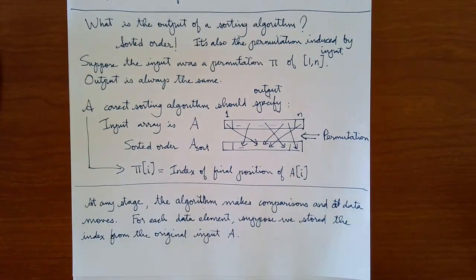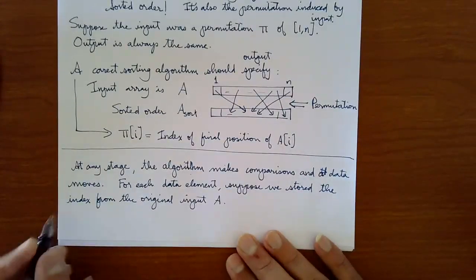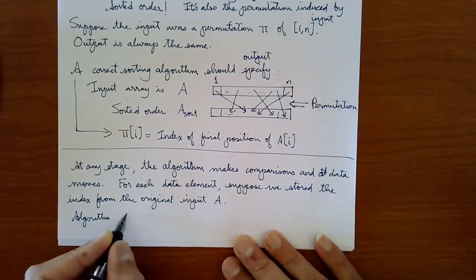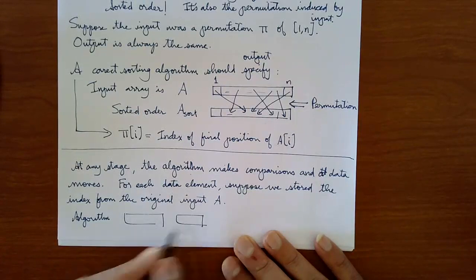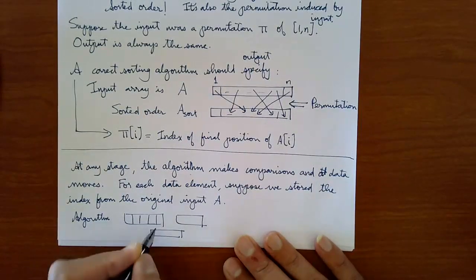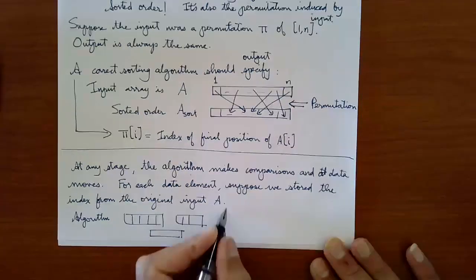So I'm doing a thought experiment here. What I'm saying is, let's say this is your algorithm, and your algorithm has some data that's stored. Right? It's basically storing some data. Some of it is the original input, some of it is something else.